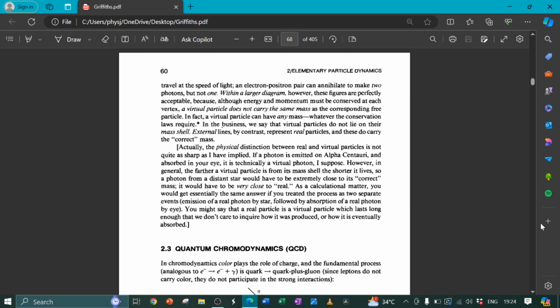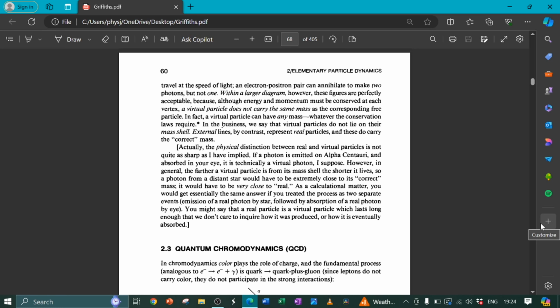However, in general, the farther a virtual particle is from its mass shell, the shorter it lives. So a photon from a distant star would have to be extremely close to its correct mass. It would have to be very close to real.